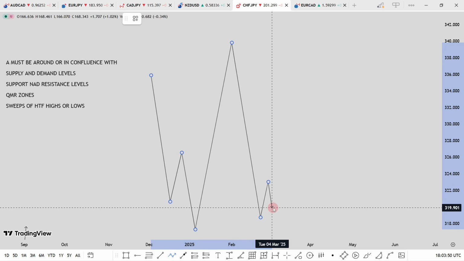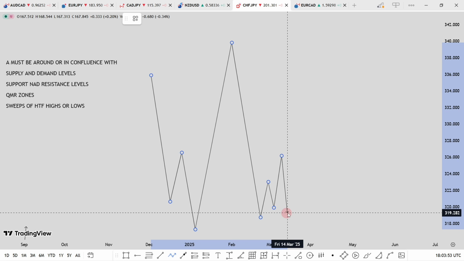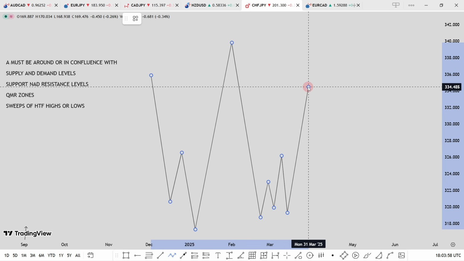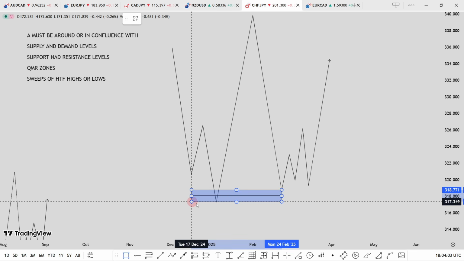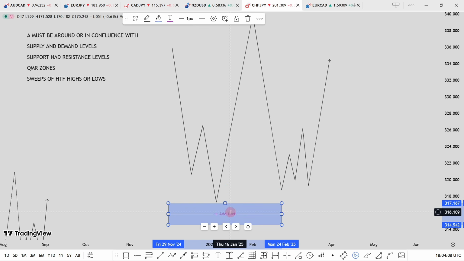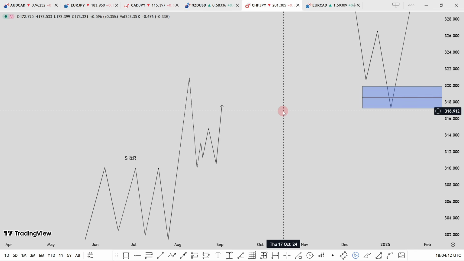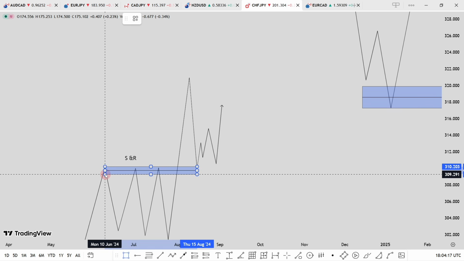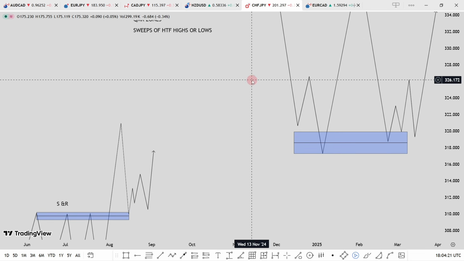Price will take out the B level, and then the move will continue to the upside. So here it is in confluence with this QMR zone. So this makes it a highly probable trade. And then same for this one, very strong trade.